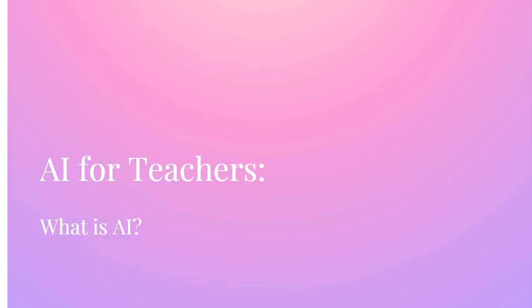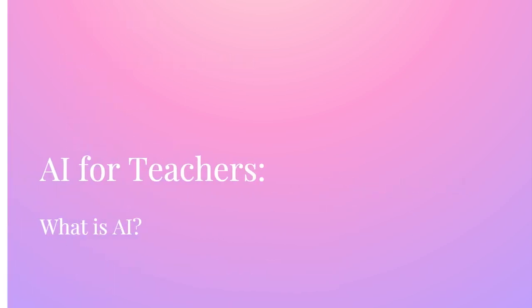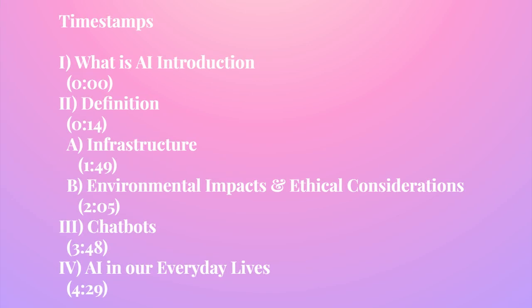So AI is trained by simply being shown huge amounts of data, being given huge amounts of data to process. So it could be, again, text, sentences, images, sounds. And as it processes this data, these examples, it learns the patterns for how language is structured, what images should look like.